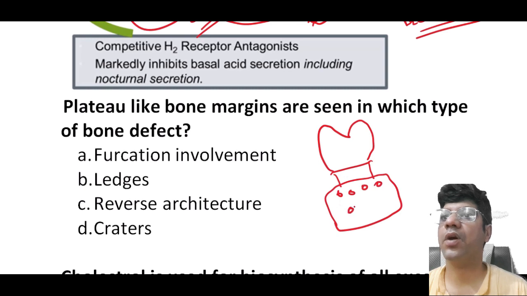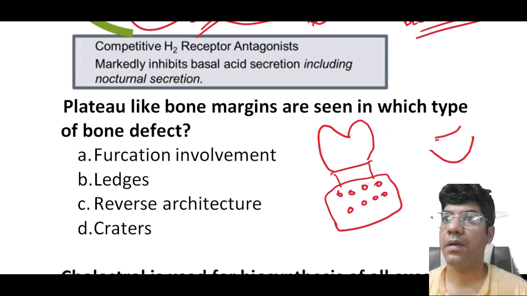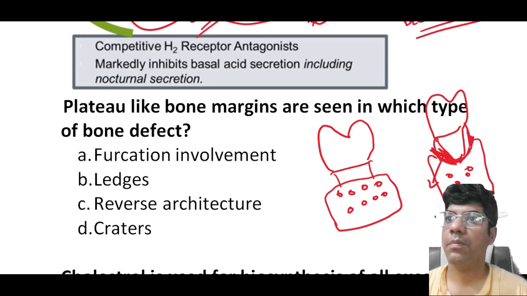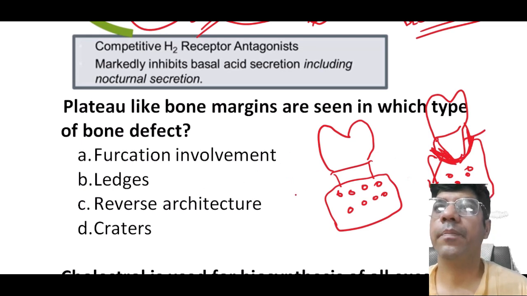So suppose this one is the normal bone contour, and in the craters there is loss of bone. So remember this, plateau like boney margins, they are seen in the craters.